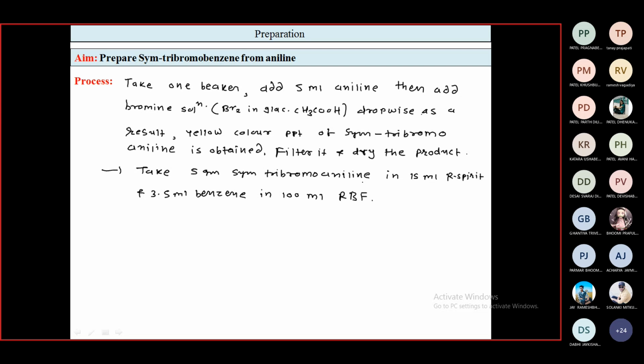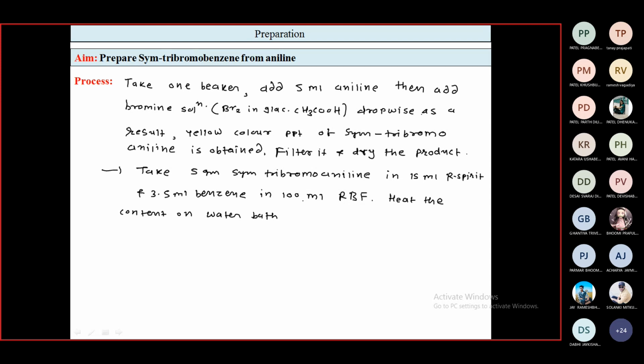Now heat on a water bath and add 1.8 ml of concentrated H2SO4. Heat the contents on the water bath continuously.